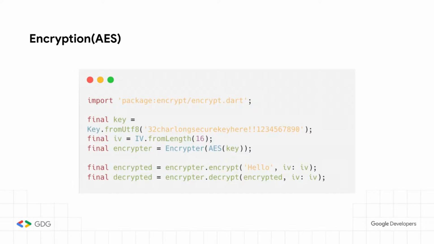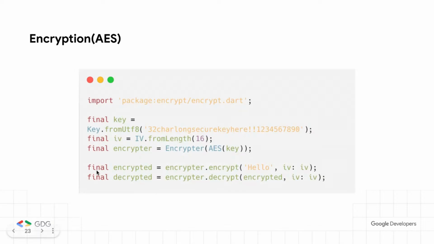So this algorithm needs two things. It needs a key and it needs an IV. Now this key is again something that needs to go in the secure storage, because using this key I can easily decrypt the data also.